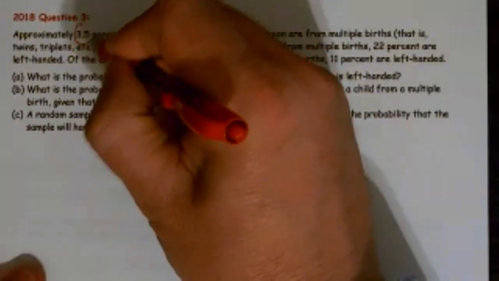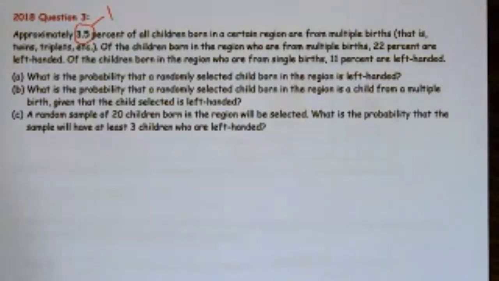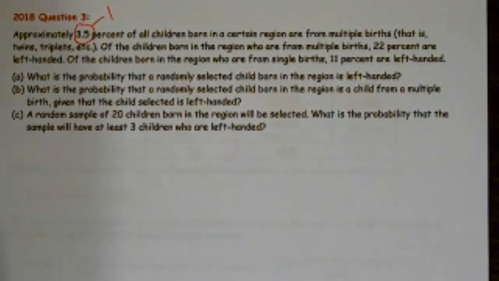All right, so here's our FRQ on tables. Approximately 3.5% of all children born in a certain region are from multiple births. That looks like it's associated with a single variable. Of the children born in the region who are from multiple births, 22% are left-handed. 22%, that's from the group.